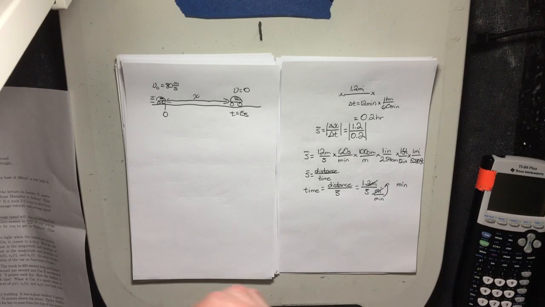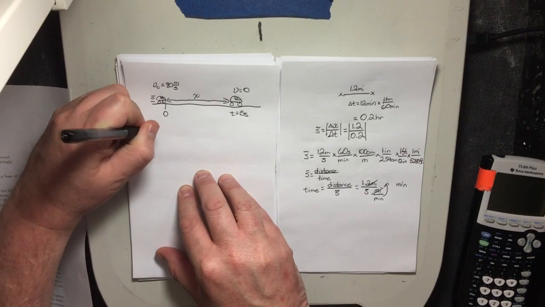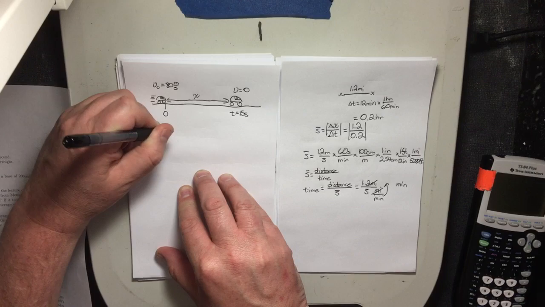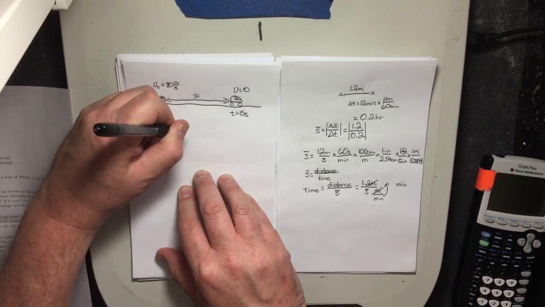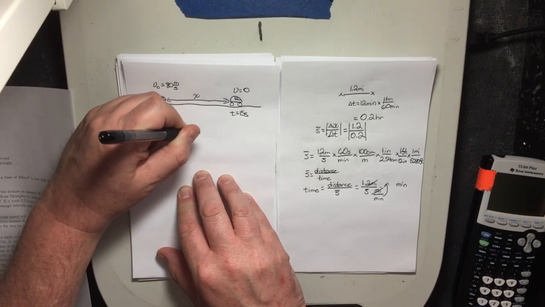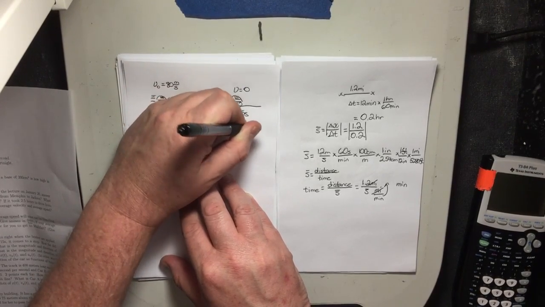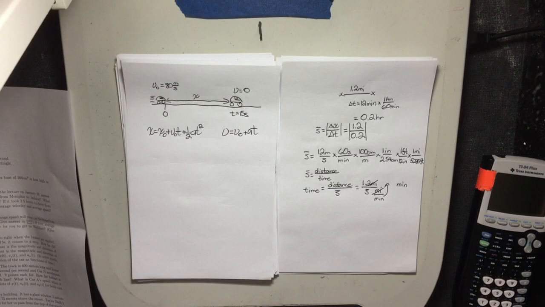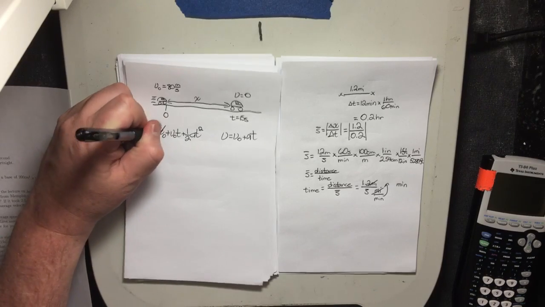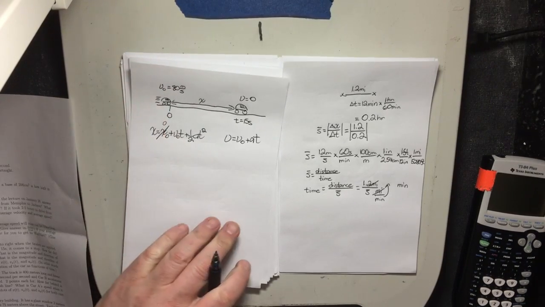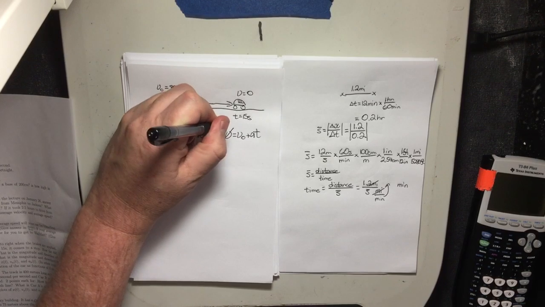Let's see what we could do with this. x equals x naught plus v naught t plus 1/2 a t squared, and v equals v naught plus a t. Before we ask ourselves what we know and what we don't know, let's ask this: which parts are 0? The origin is 0. The final velocity is 0.